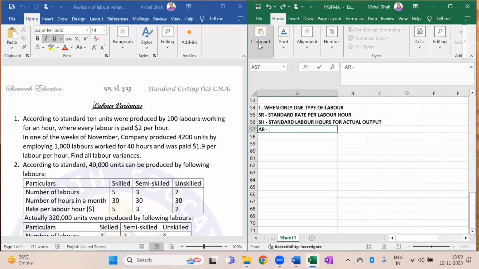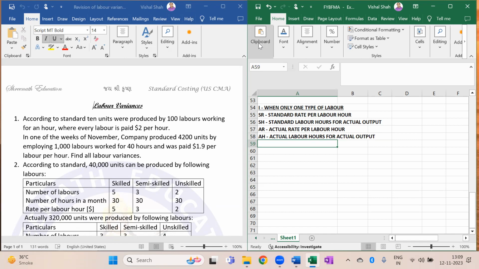AR, actual rate per labor hour, and AH, actual labor hours for actual output. And these four data to be found out.